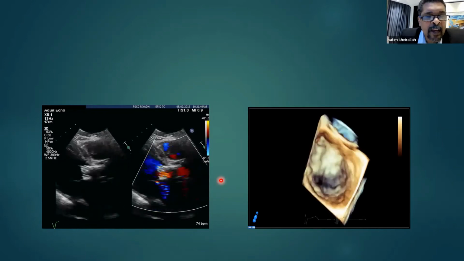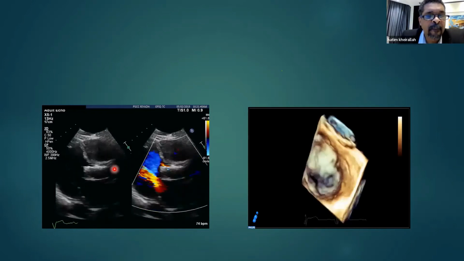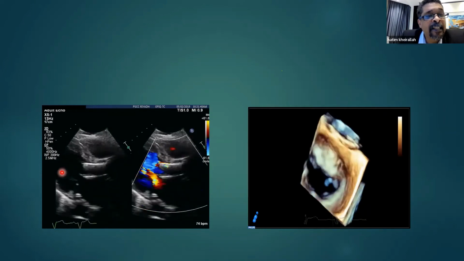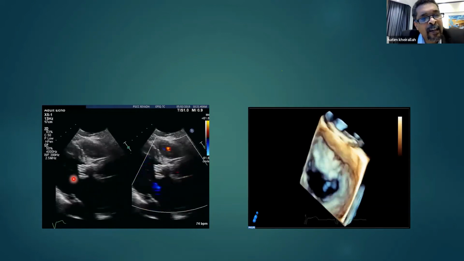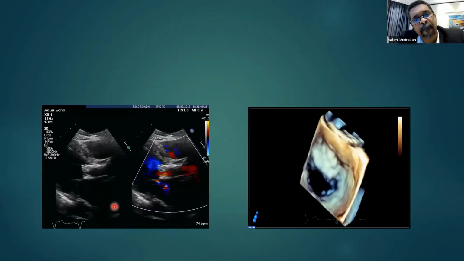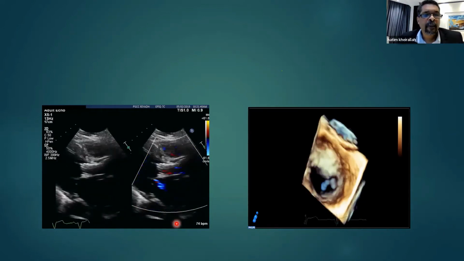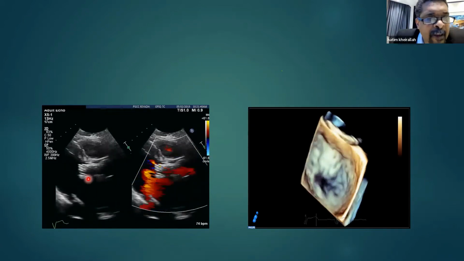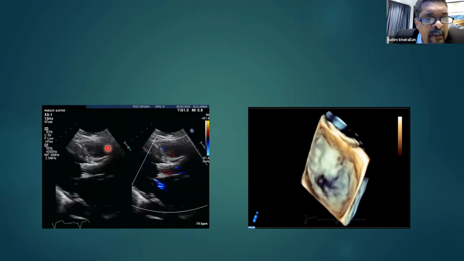So we did this echo and we found that he had a paravalvular leak anteriorly, but most importantly, he had a high gradient across the mitral valve. His gradient here was 8 to 9, something like that, at a heart rate of 70, 80. So could you explain why the mitral valve can be affected in TAVI? Any guess?